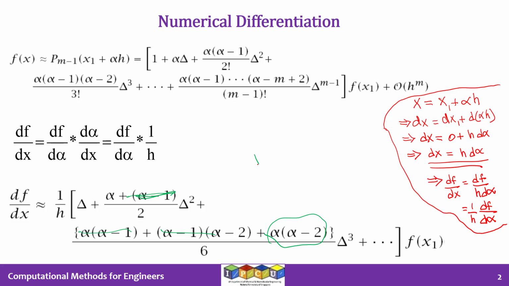So I'm going to get 1 by h delta plus alpha by 2 delta squared, and alpha is 1, so 1 by 2 delta squared. Then 1 times 1 minus 2, so it's going to be minus 1 by 6 delta cube, and so on.